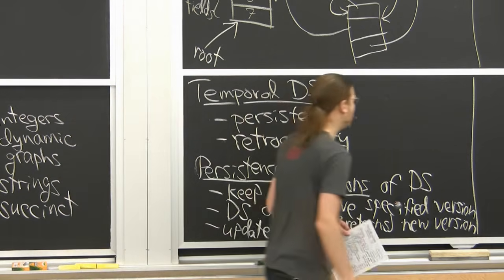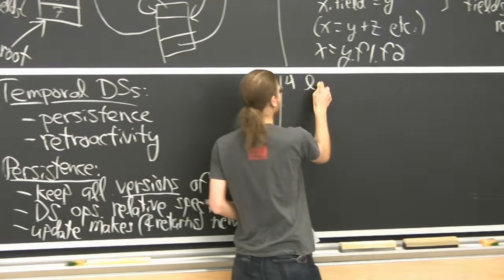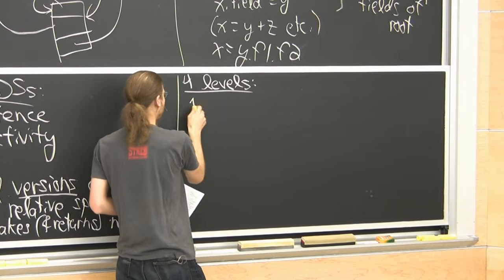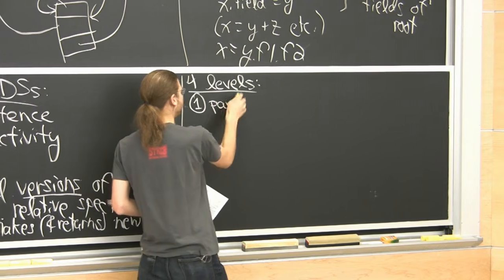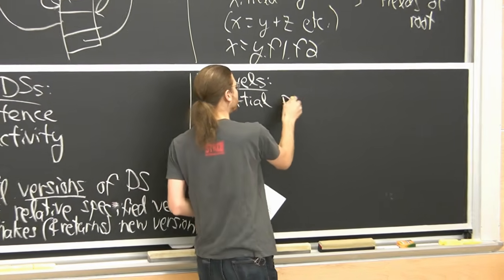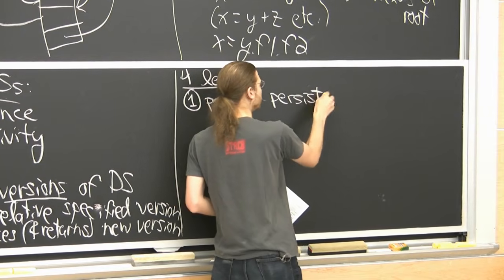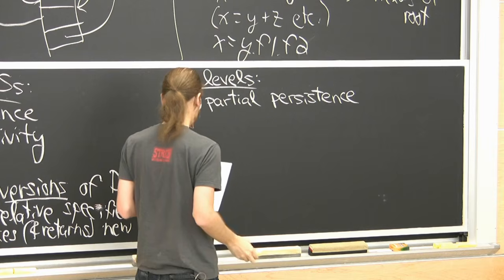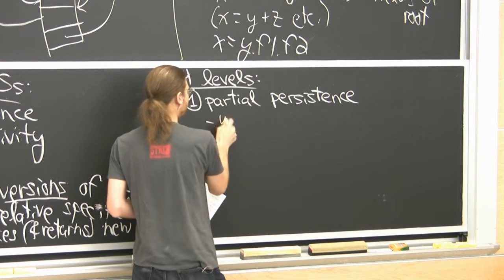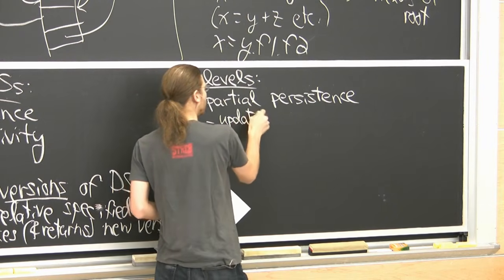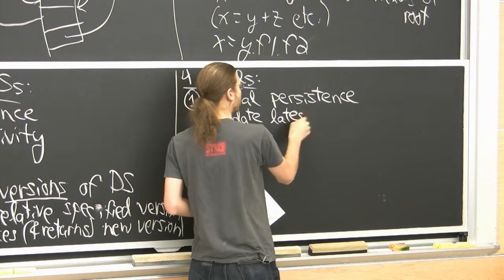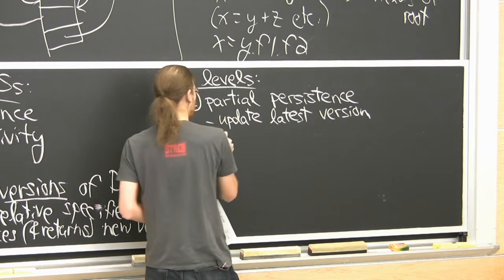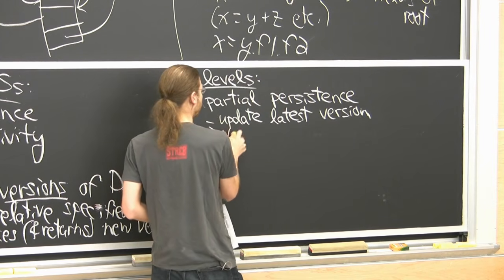And then there are 4 levels of persistence that you might want to get. The first level is called partial persistence. This is the easiest to obtain. In partial persistence, you're only allowed to update the latest version, which means the versions are linearly ordered.